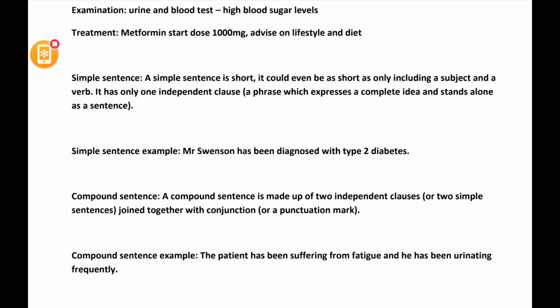So this is compound because both clauses have a subject and an independent verb. Both are not depending on each other. Fatigue is different, urinating is different, but I have combined them only with 'and'. Is that clear?